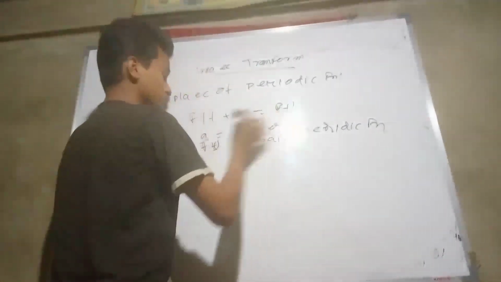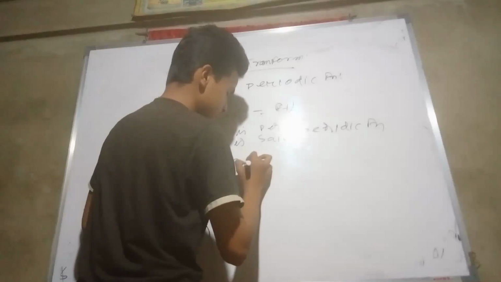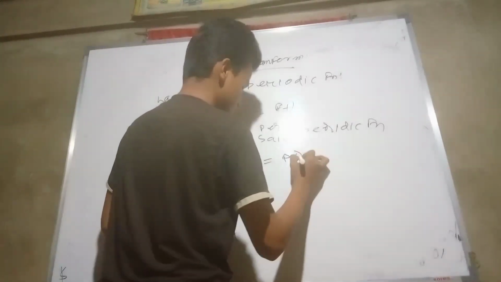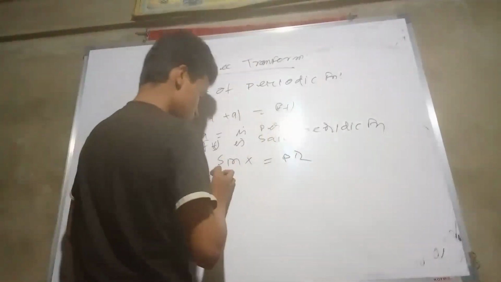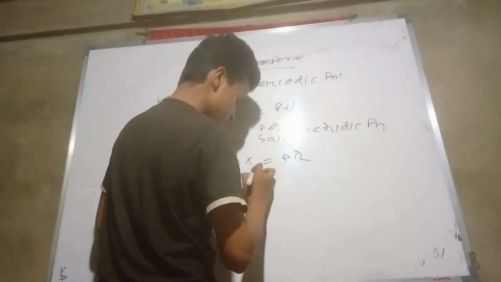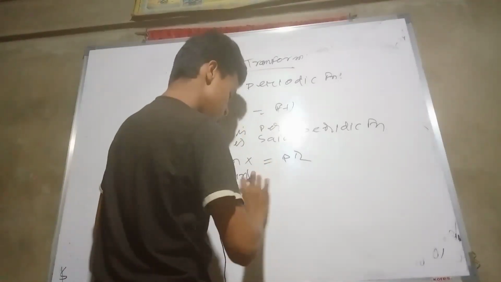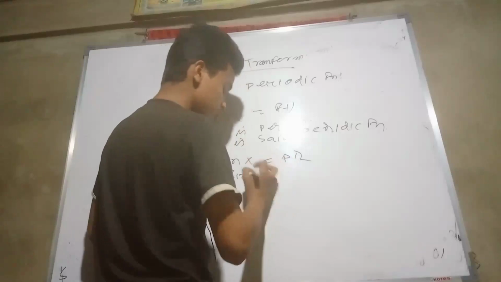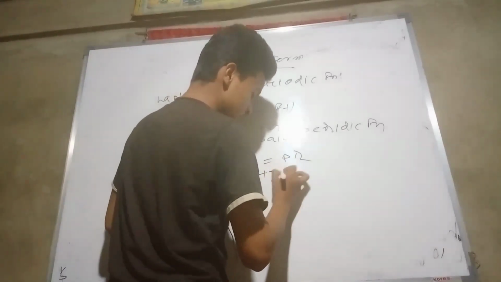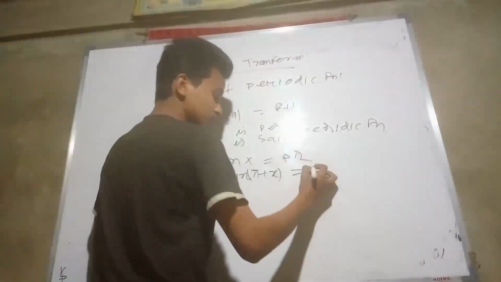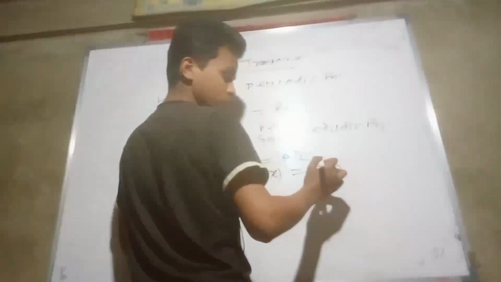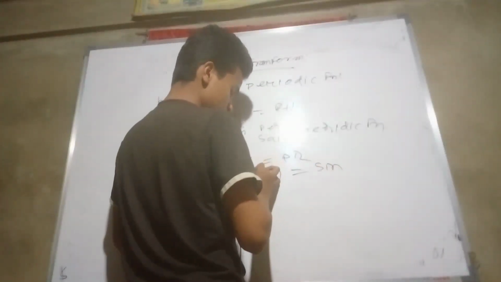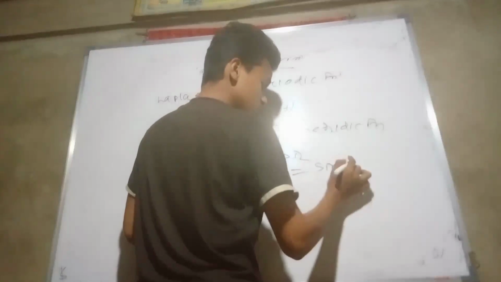Okay, what is a periodic function? Suppose sin x is a periodic function, so how to find it? Sin x, if we write it, sin of (2 pi + x) equal to what? Sin x. So sin(2 pi + x) equal to sin x.